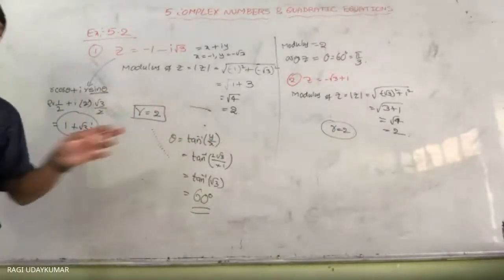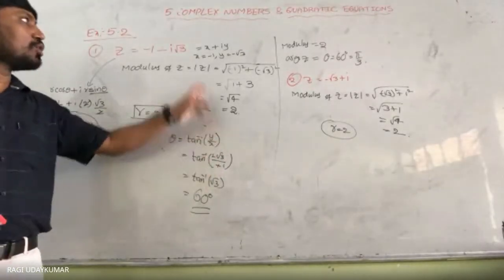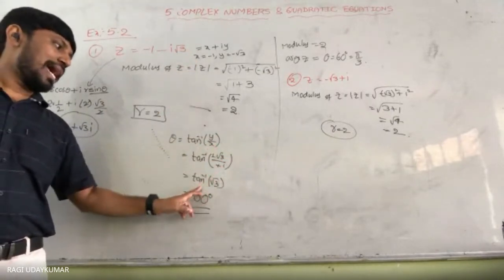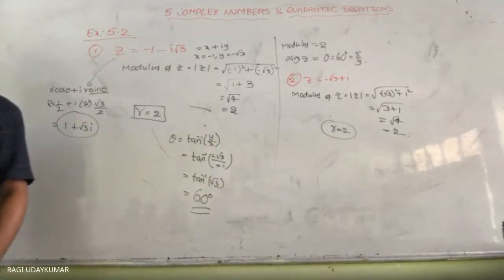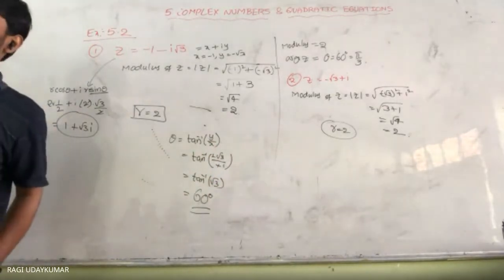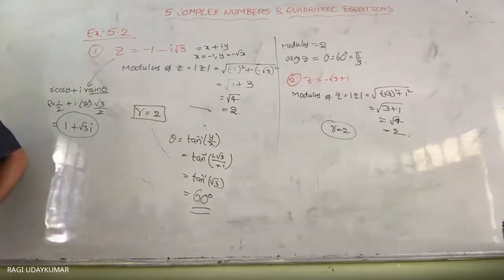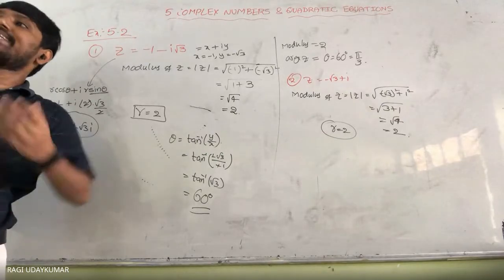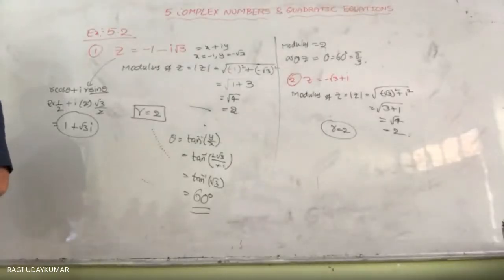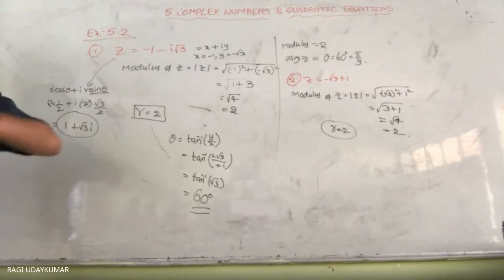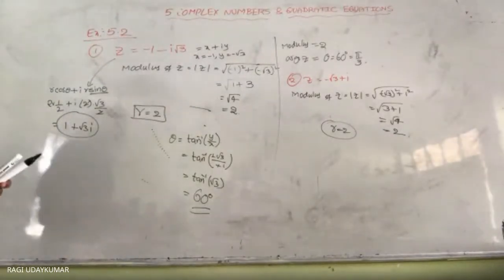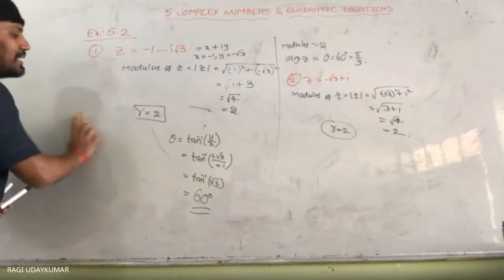If we take tan inverse of y by x, that is tan inverse of the y value root 3 and x value minus 1, so tan inverse of root 3 comes, which can be 60 degrees. You need to know the trigonometry concepts here, and the negative angle concept will be there.